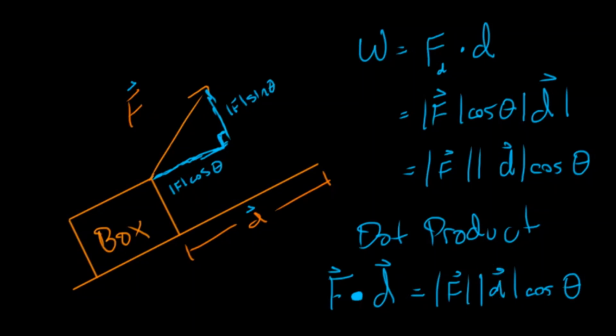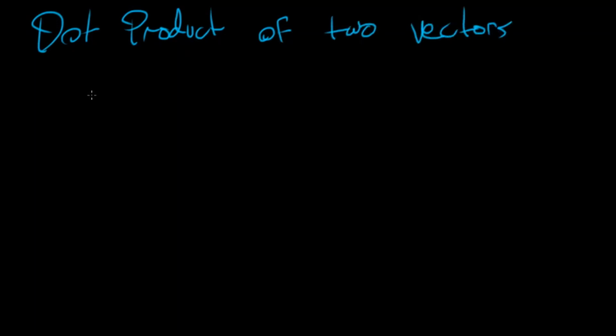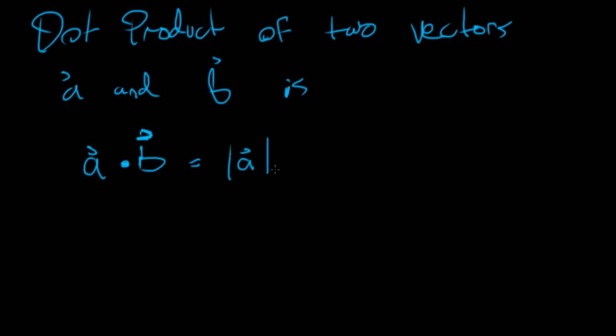What is this in general? The dot product of two vectors, so we're leaving physics for a second, of two vectors A and B, we write the notation like this, A dot B, is equal to the magnitude of the first vector, the magnitude of the second vector, times the cosine of the angle between them.